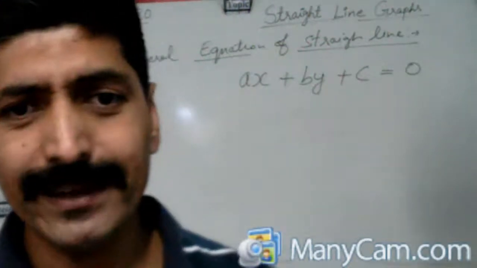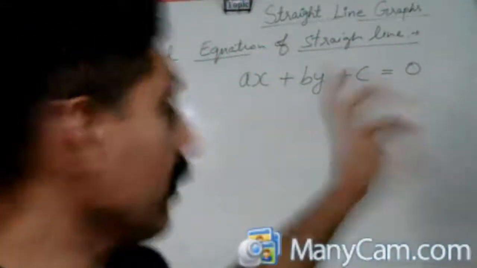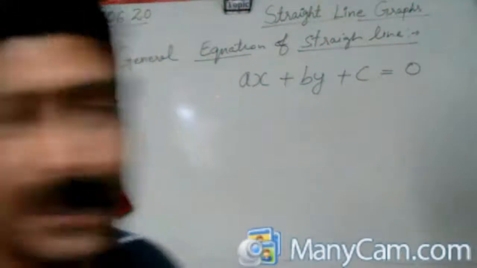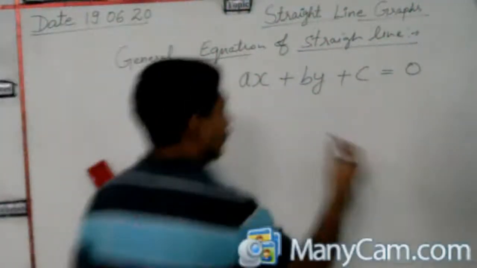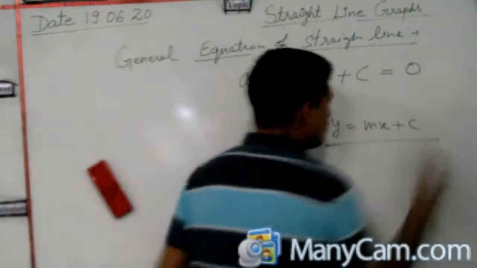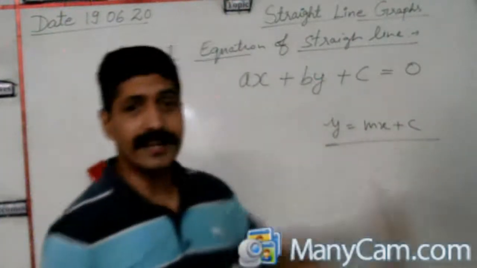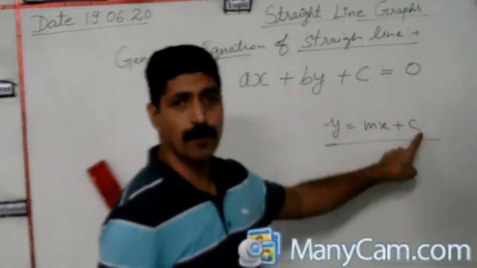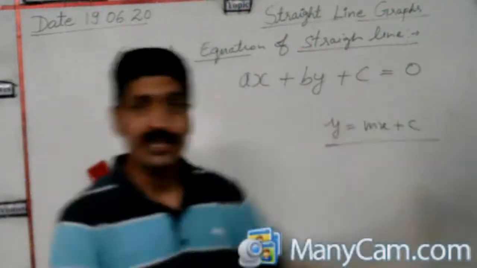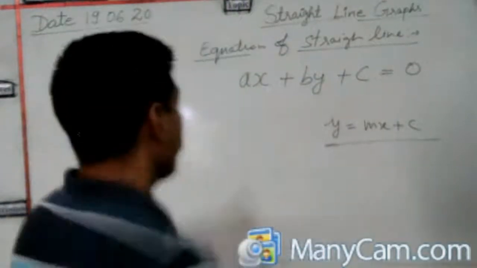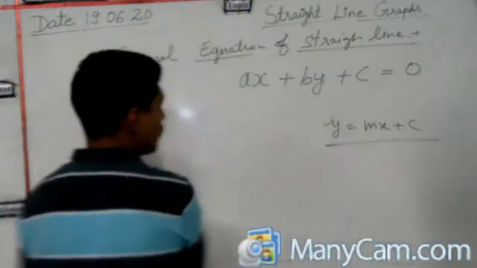We can rearrange if we want to go for the slope-intercept form, which is also called the gradient-intercept form. We can change any equation of a straight line from this equation to this equation.